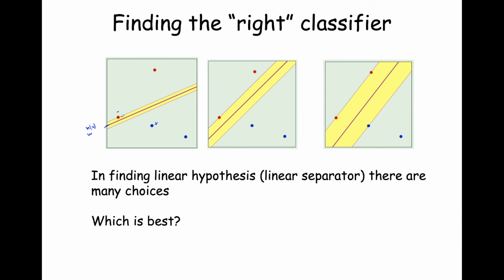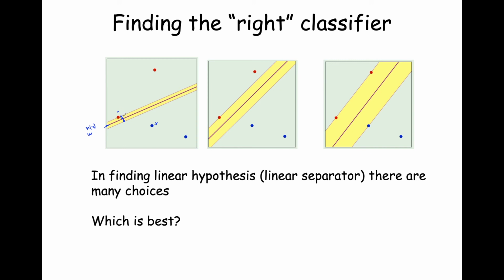Now, the distance between that closest point to the linear model, that's called the margin. And so that margin here is between the hypothesis and this red point, that negative example closest to the linear model, the hypothesis. And therefore, the margin we draw on both sides would be that minimum distance to the closest point on both sides of the hyperplane, on the negative side and the positive side.